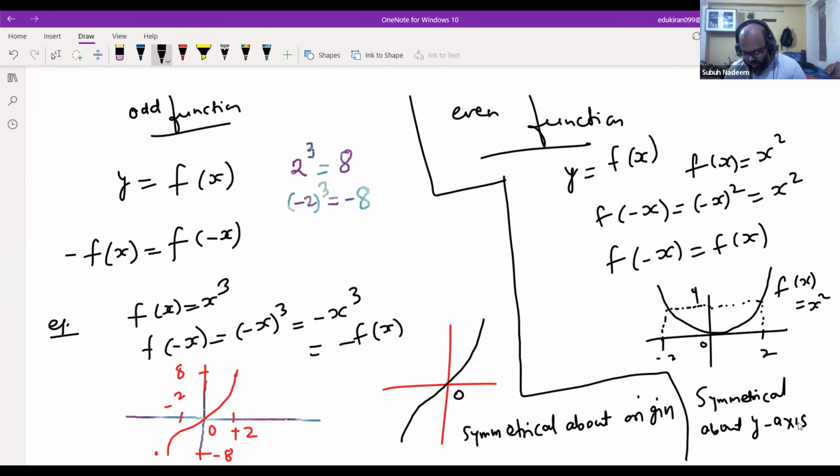So you can write both types of functions. I hope you have understood now. Yes, both, sir.